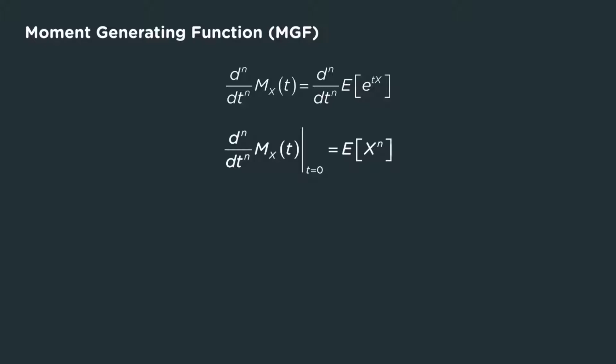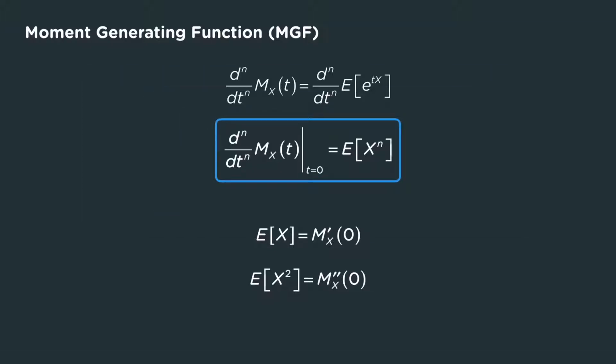So, if we review specific moments from the general case, x's first moment equals the MGF's first derivative evaluated at t equals 0. X's second moment equals the MGF's second derivative at t equals 0. In short, calculate x's moments by differentiating x's MGF and evaluate at 0.